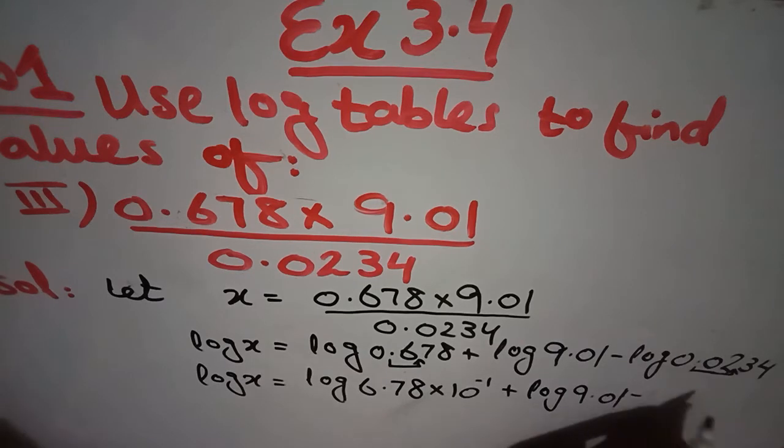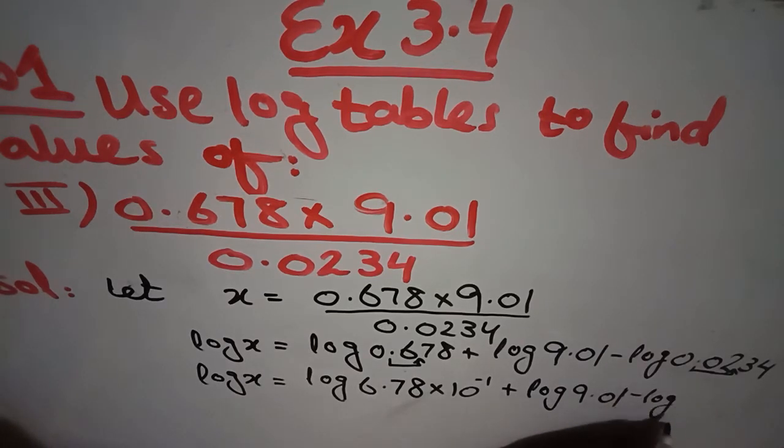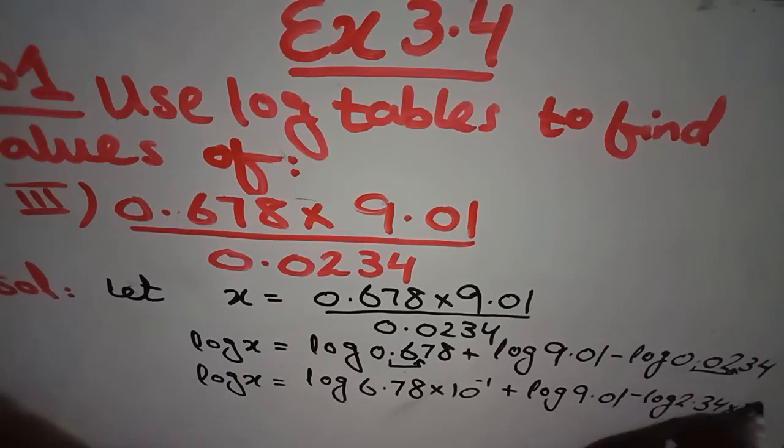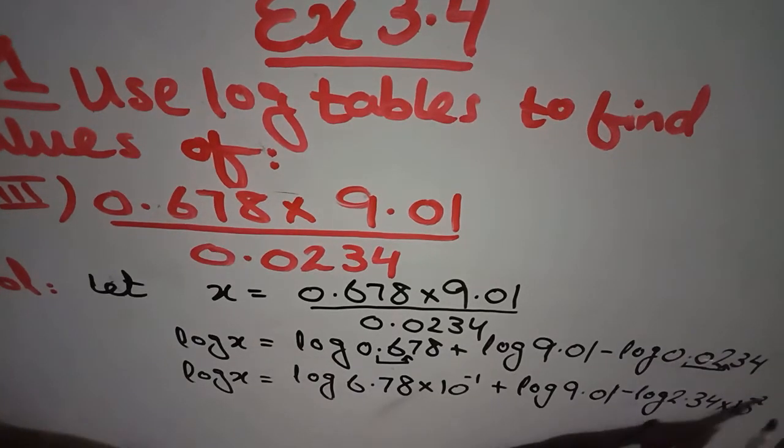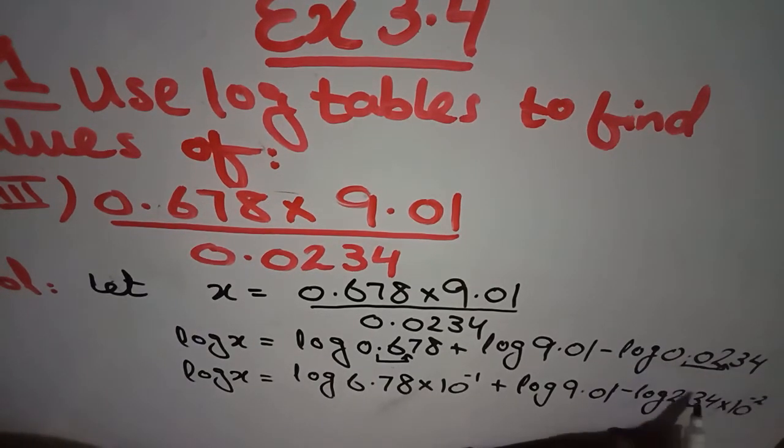Let me just write the log first and then write the values. The value will be 2.34 multiplied by 10 raised to power minus 2, because I have told you that when the point moves from left to right, the power becomes negative.